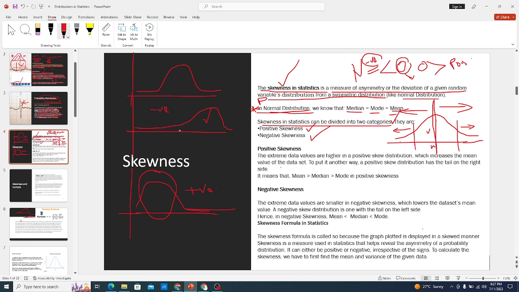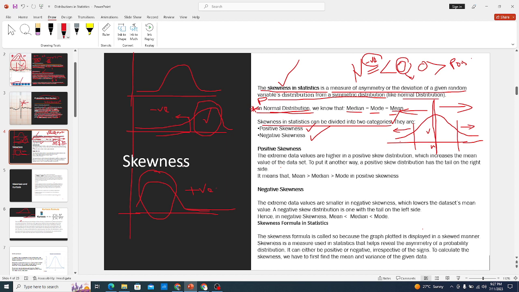Because the tail is long to the left, and most of our data is concentrated to the right of the curve. That is a summary of skewness. I've just summarized the skewness definition.